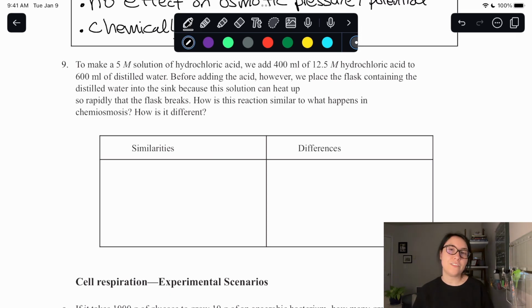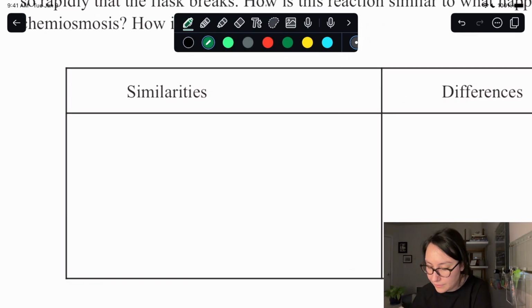Well, let's try and just break it down pretty simple. Let's do some similarities here in, let's do green. We haven't done that one in a while. Similarities in green.